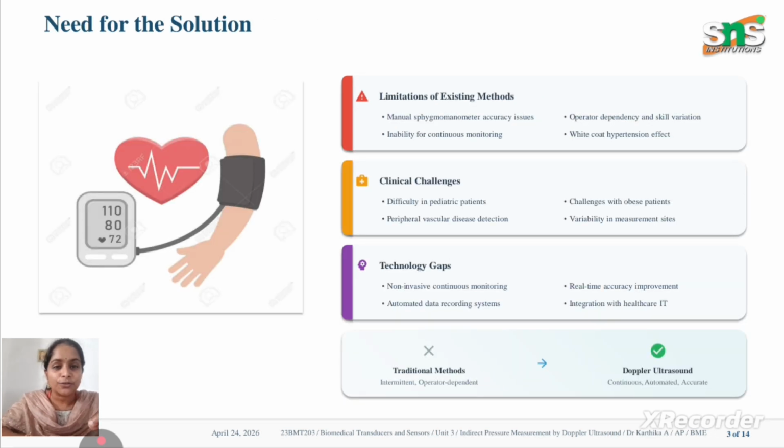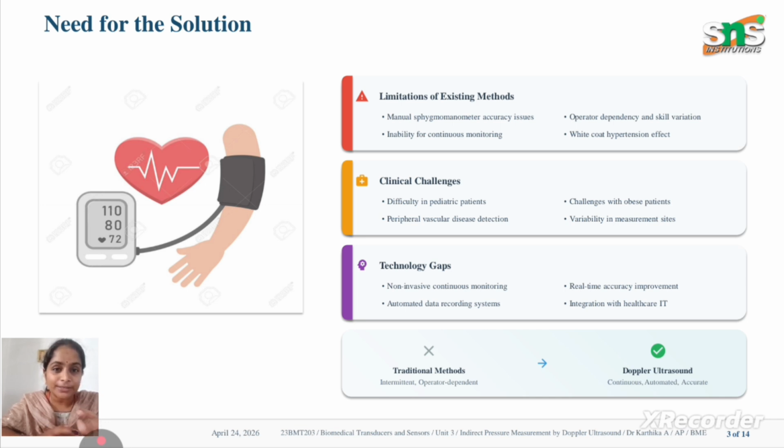See, the need for a solution is due to the limitations of our existing methods. Our existing methods involve manual systems, and these systems don't have proper procedures, they don't have the ability for continuous monitoring, and they depend on the operator, which leads to misdiagnosis.